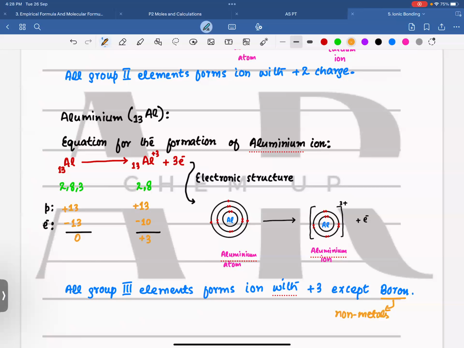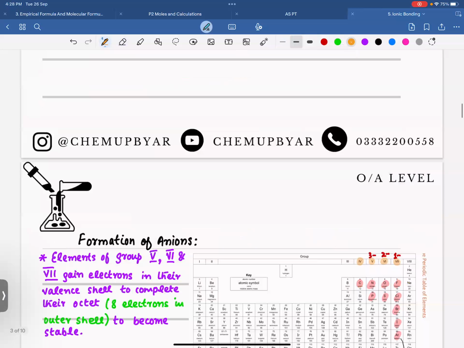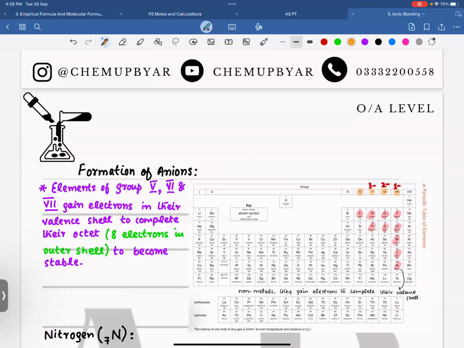Okay, now let's talk about anions. The elements which have more electrons in their valence shell, like 5, 6 or 7 electrons, need only 3, 2 or 1 electron to be stable.